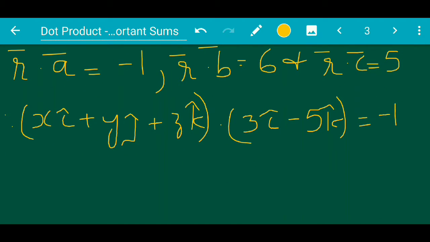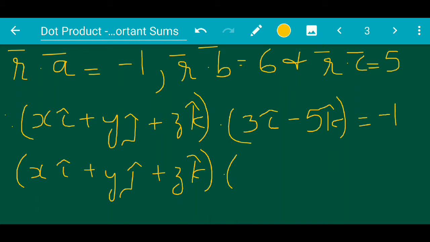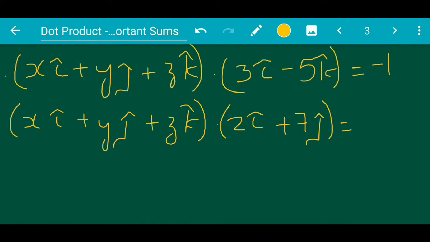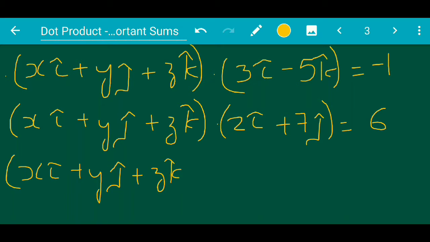In the second case we have the same thing, that is xi plus yj plus zk, dot now the second vector, that is B bar, which is 2i plus 7j, and here the answer is coming as 6, as they have given us the dot product is 6. And in the third case, the third vector is i plus j plus k, the vector C, and that answer they have given as 5.